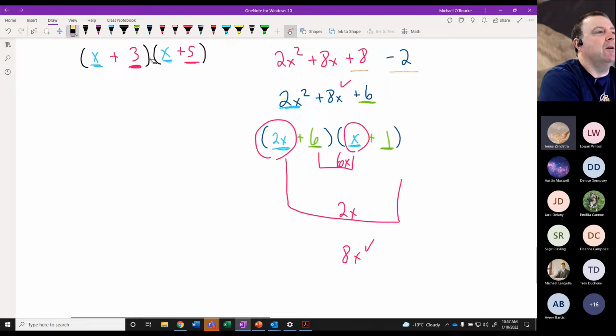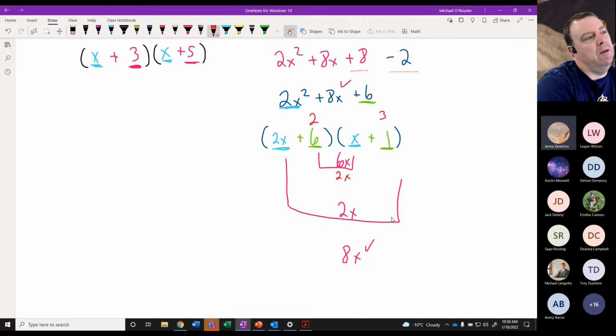No, 2 and 3 won't work because I think we need to check it, right? If I were to put a 2 and a 3 in here, this would equal 2x. Oh, I guess 2 and 3, do they work? 2x, 6x.